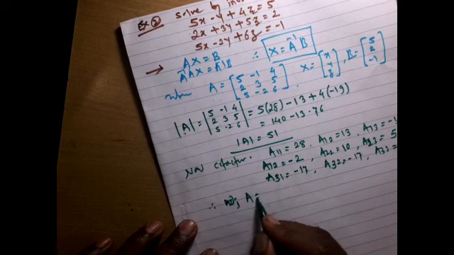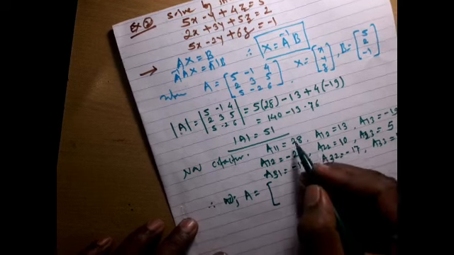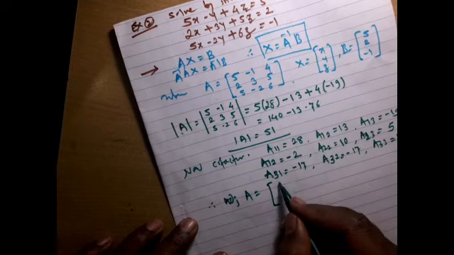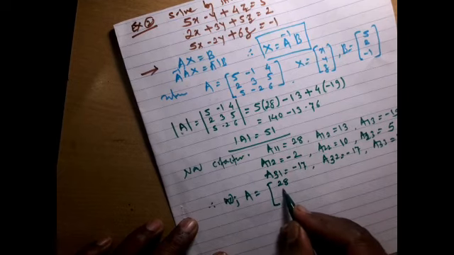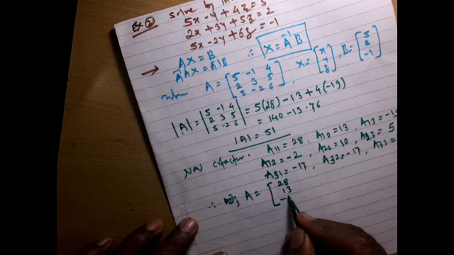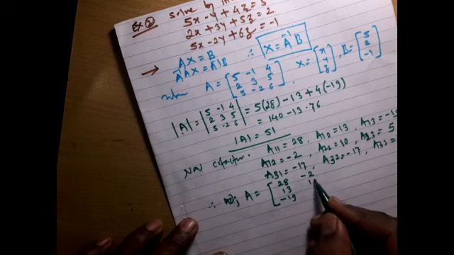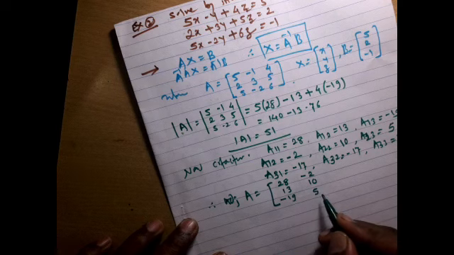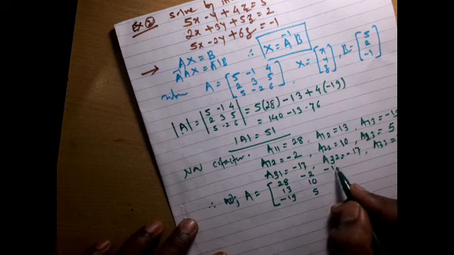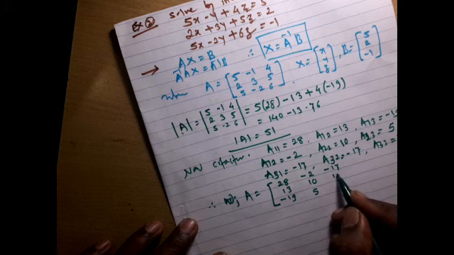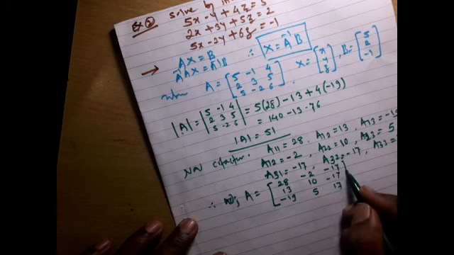Therefore adjoint of A is the transpose of the cofactor matrix, that is 28 13 minus 19, minus 2 10 5, third column minus 17, again minus 17 and 17.